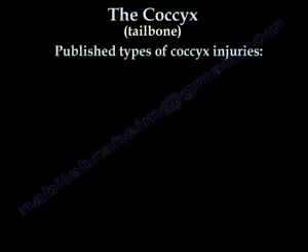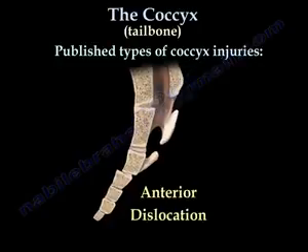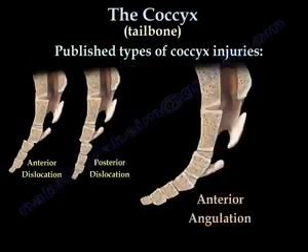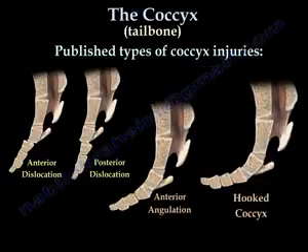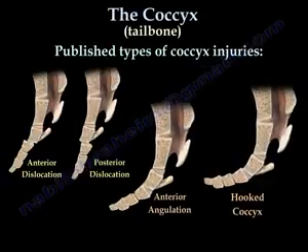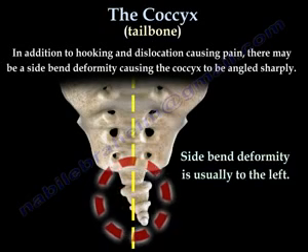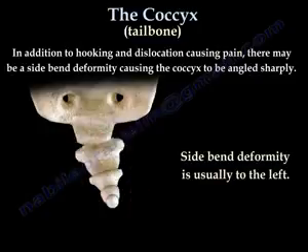These are the published types of coccyx injuries: anterior dislocation, posterior dislocation, anterior angulation. Hooked coccyx, a lot of people think it's a big deal in causing the pain in the tailbone. The side bend deformity of the coccyx is another type that causes coccyx pain.